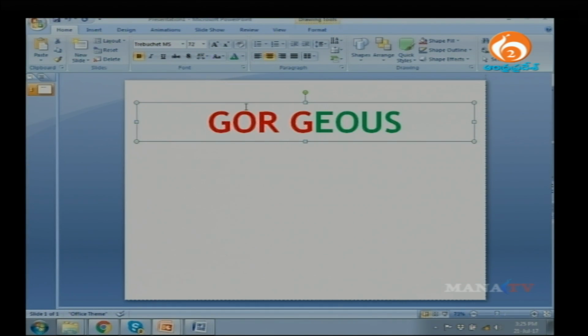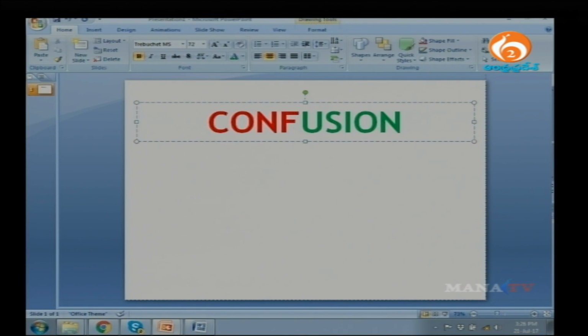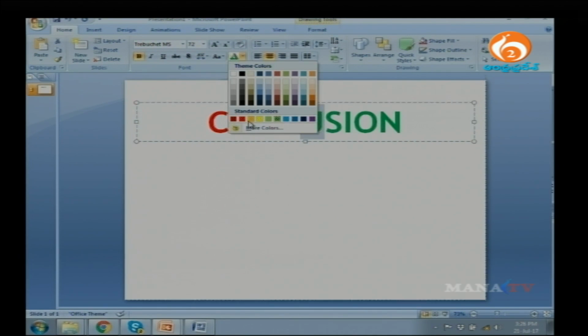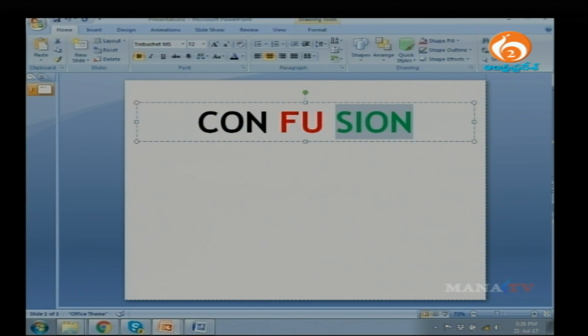SION. Confusion. Let me change the color. How many syllables? Confusion. This is my word ending.